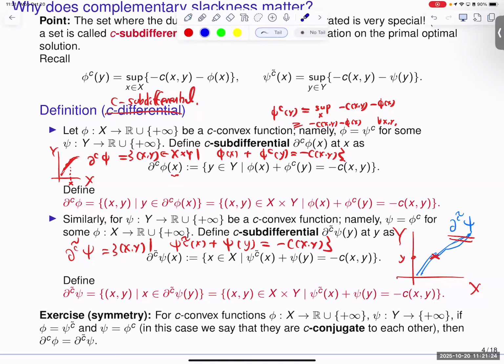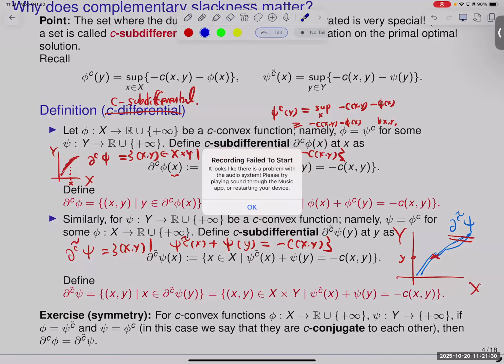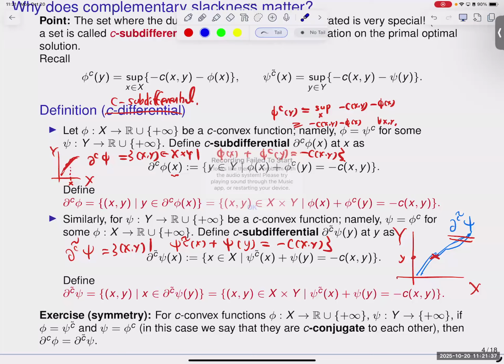So the C subdifferential at each x is a set of points in y, if you consider the C subdifferential at x, or it is a set of points in x if you consider the C subdifferential at y.